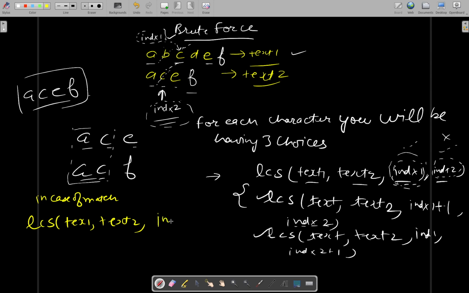So 1 will be added, since your LCS will be increased by 1, since you are adding one character to your longest common subsequence. Okay, and in that case you will simply be proceeding further both indices.